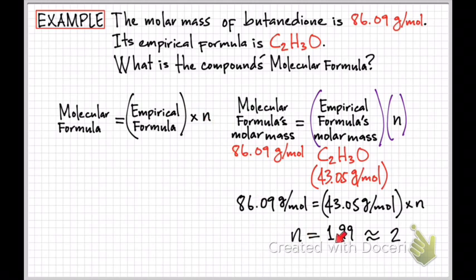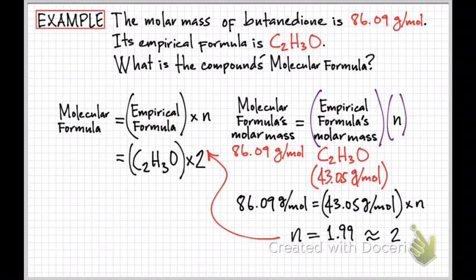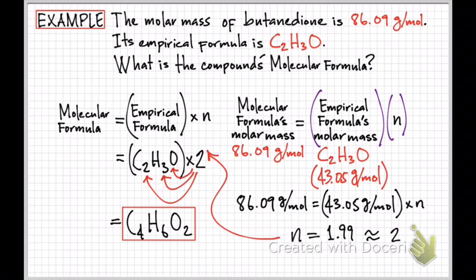Okay, we can substitute this number for n. And we also know the empirical formula, so we can just plug and chug. Distribute the number 2. And we get C4H6O2. So this is the molecular formula of the compound given the molar mass of butadiene and the empirical formula.